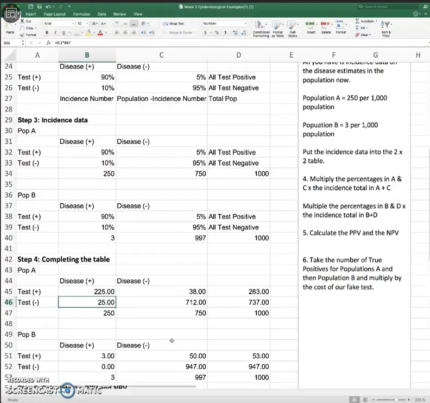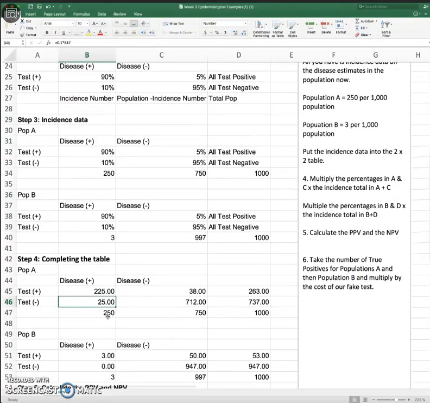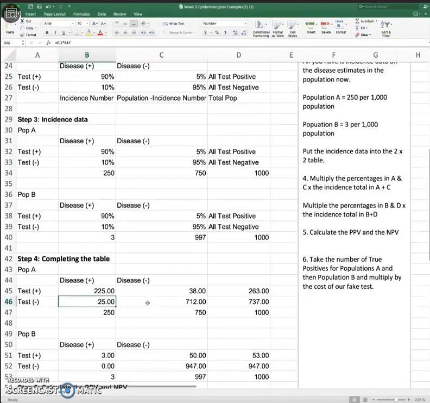So what this is estimating is that in population A, the disease occurs at 250 per 1,000 people. And when we apply the 90% sensitivity and the 95% specificity, it is estimating that 25 people, when we test the entire 1,000, will be given a false negative diagnosis, whereas 38 people will be given a false positive one.